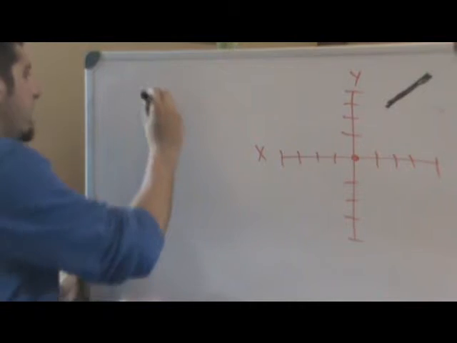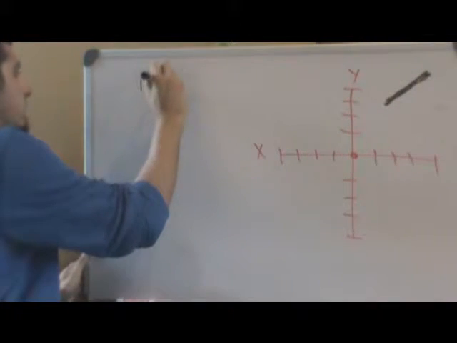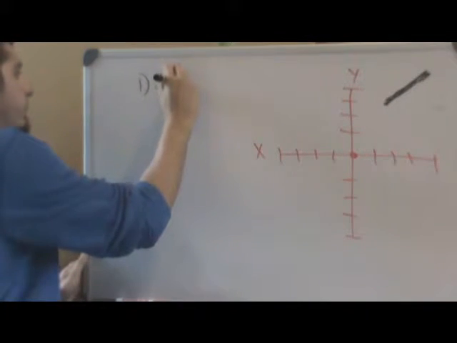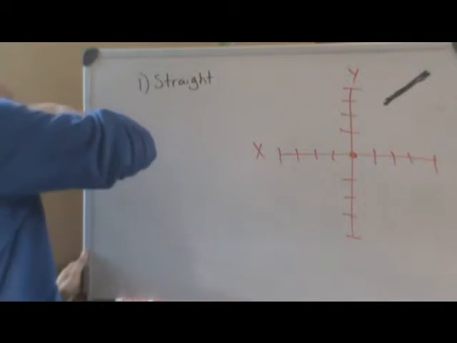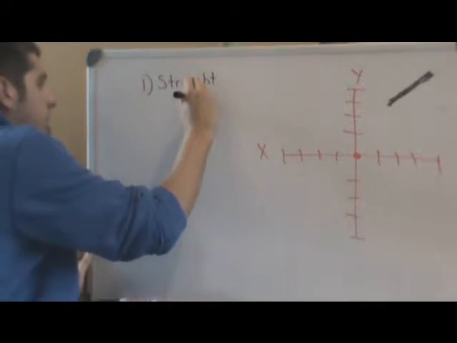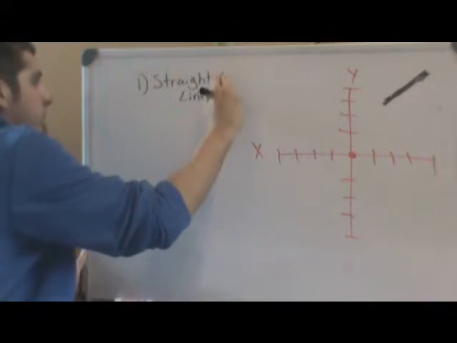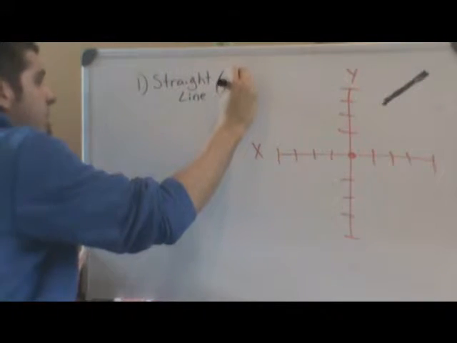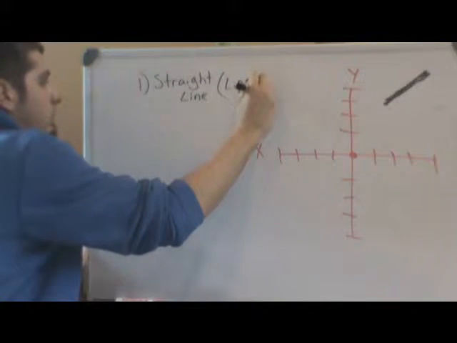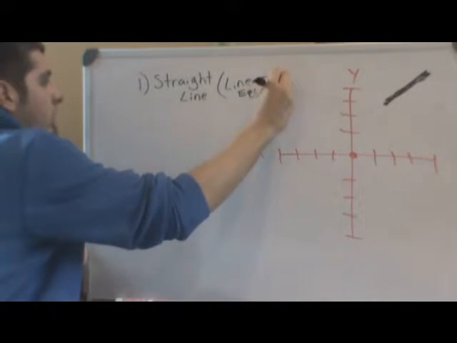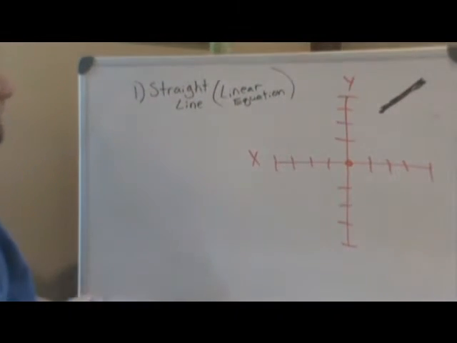So, one type of function is a straight line. And that type of function is known as a linear equation, because it will always get you a straight line.